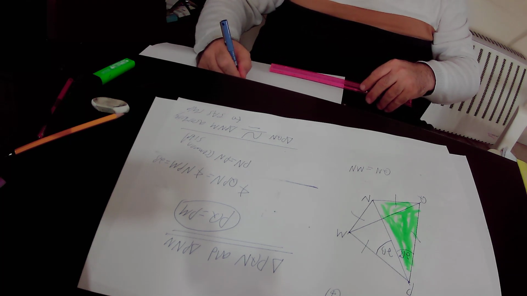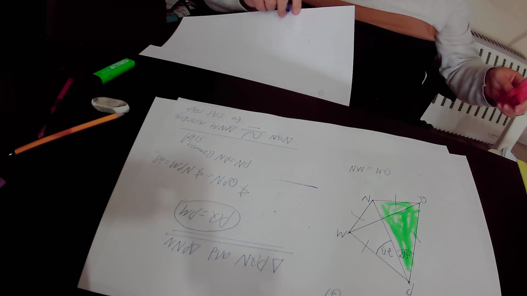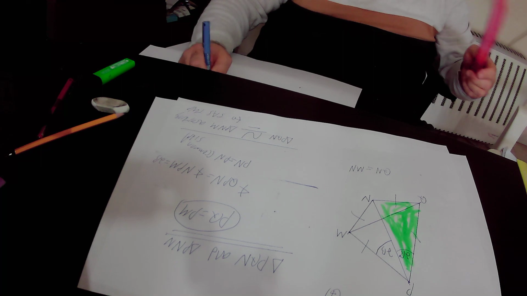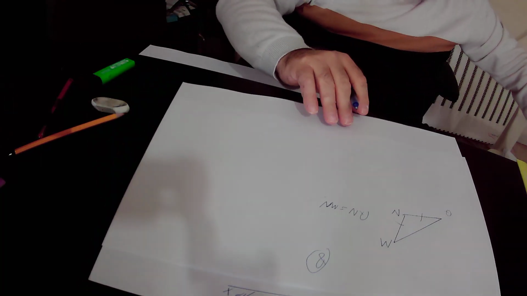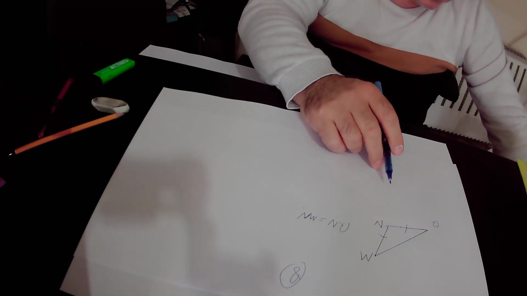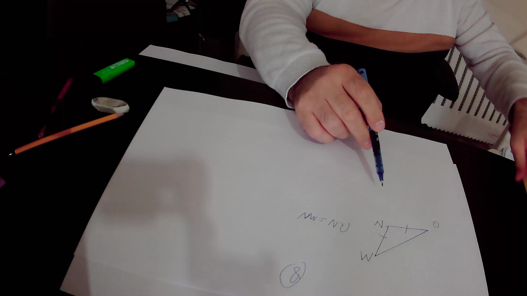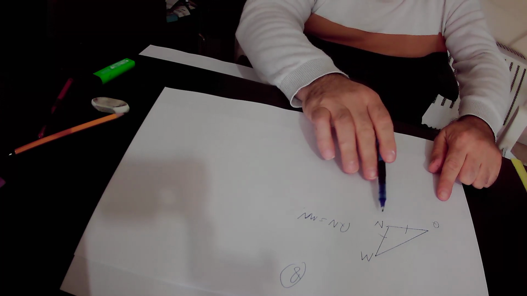We already found out that QN equals MN. I repeat again. This is triangle QMN, and in triangle QMN we know that QN equals NM.